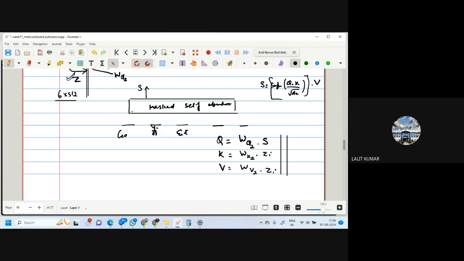Using this, I find M using the same formula: softmax of Q into K divided by root dk, whole into V. Is this okay? Is this clear? Any doubt in this?